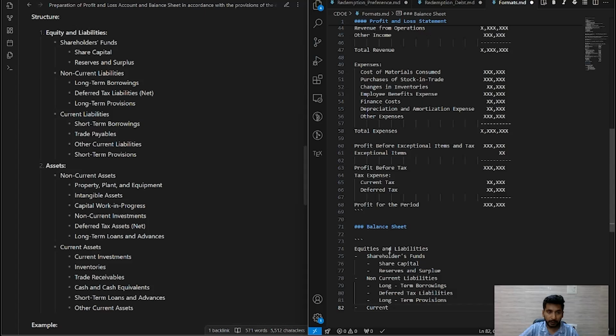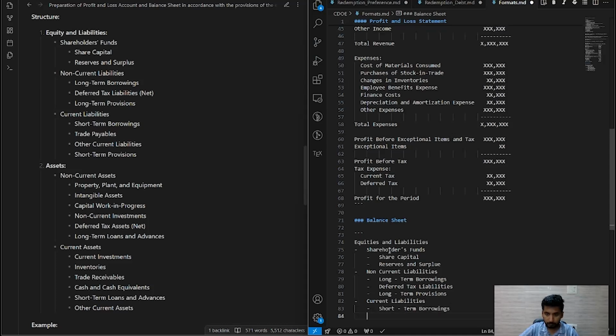After that will be the current liabilities. For the current liabilities, it is the short term borrowing. It is the trade payables.